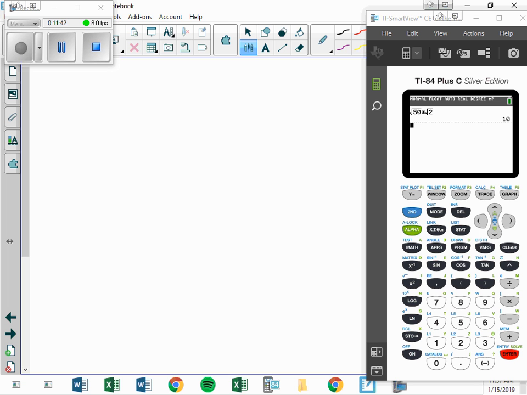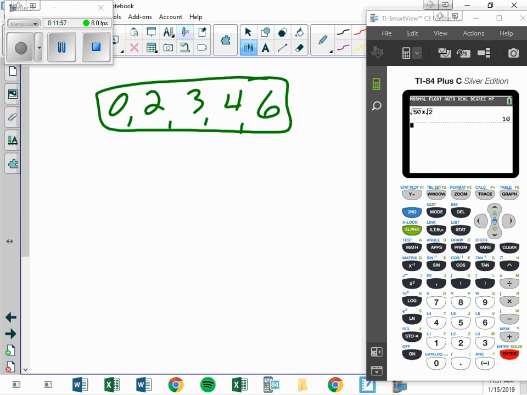Number 6. 100 draws are going to be made at random with replacement from the box 0, 2, 3, 4, 6. So let's do everything we need, and then we can do the true or false for this. So 2, 3, 4, and 6.